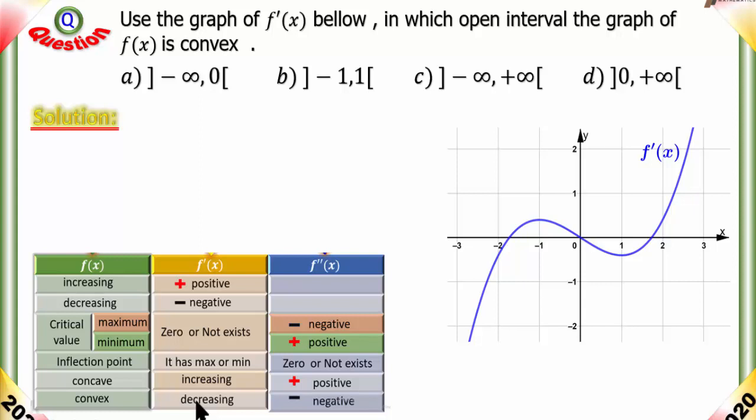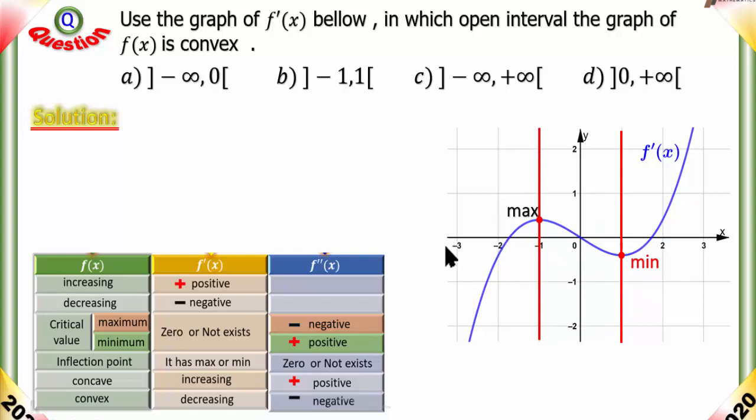So we must search for the decreasing interval of f prime of x. As you can see, it has two local extrema, one maximum and one minimum. When we draw vertical lines, it splits the axis into three intervals.